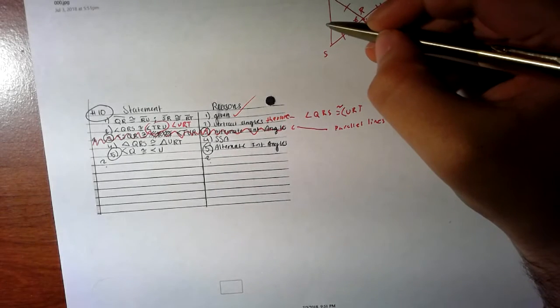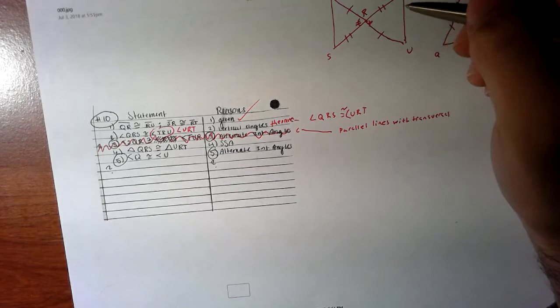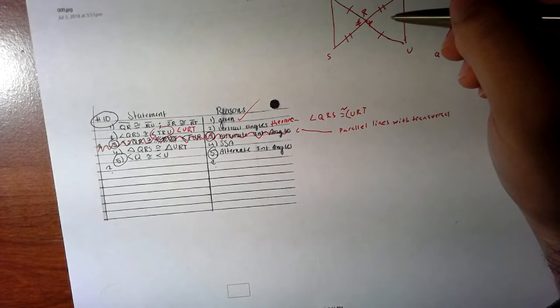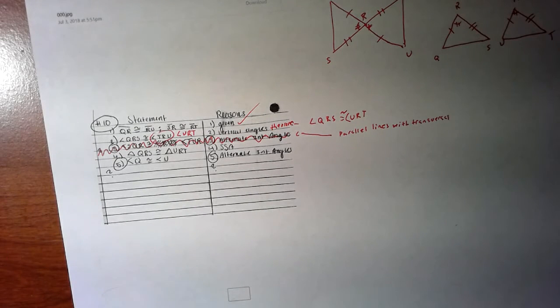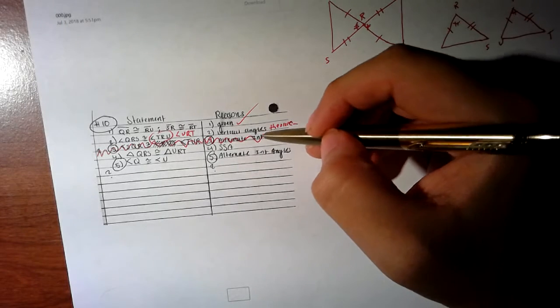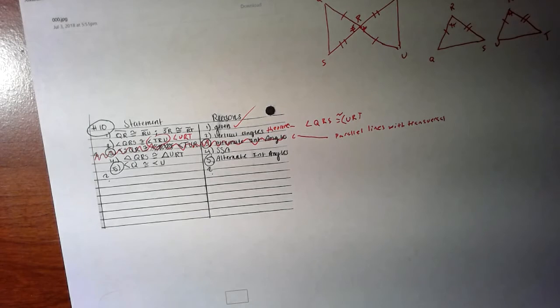There's no way we can use that here. So we don't know that QS is parallel to TU. We don't know that. It might look like it, but we can't use that because it's not in the given statements, and we can't arrive at it from the given statements using anything we've done above this point. So you can't use that.